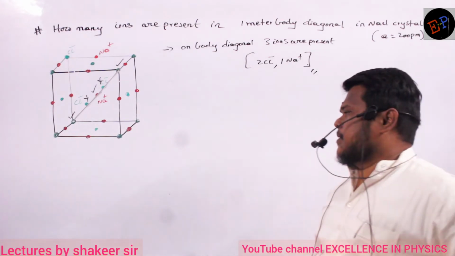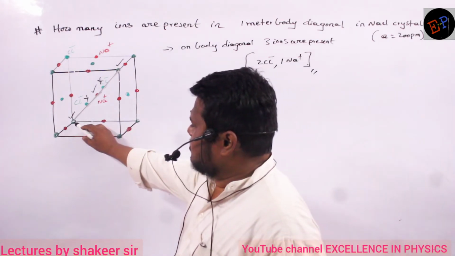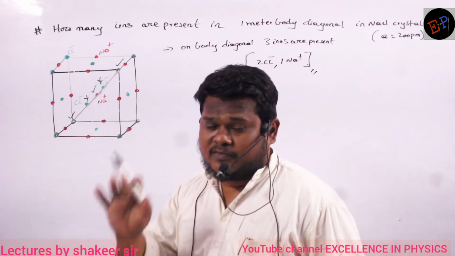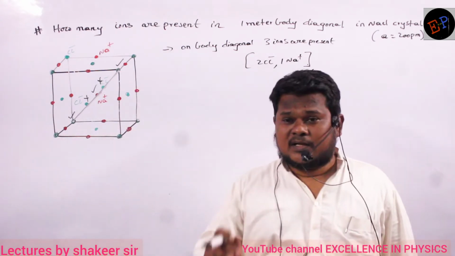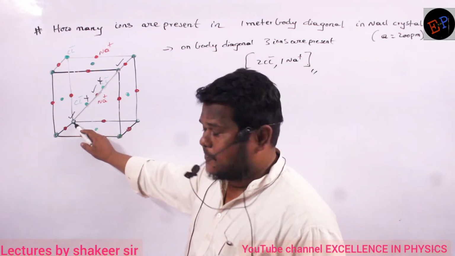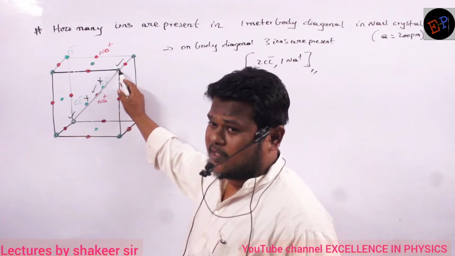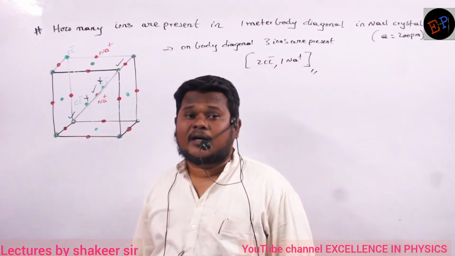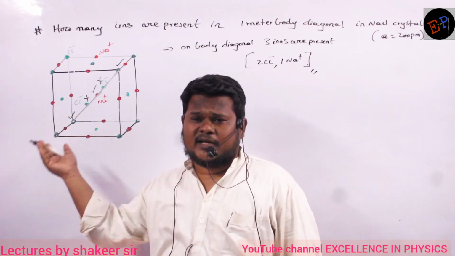Does it make sense? Now the question is, this Cl minus, this Na plus and this Cl minus, are they touching each other or not? Definitely they will be touching. They are opposite ions.